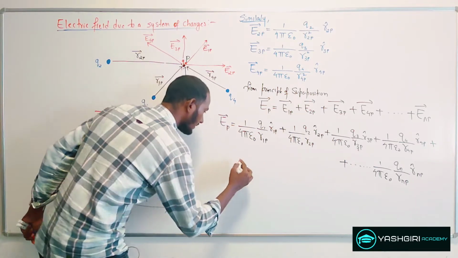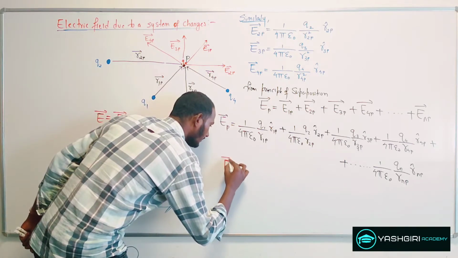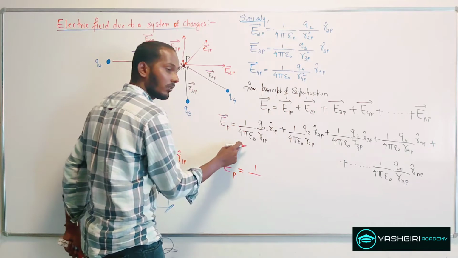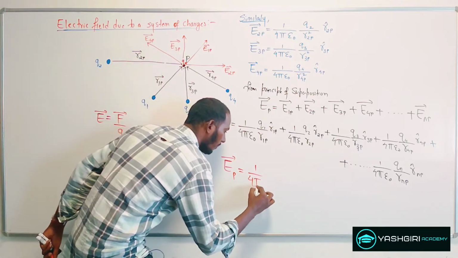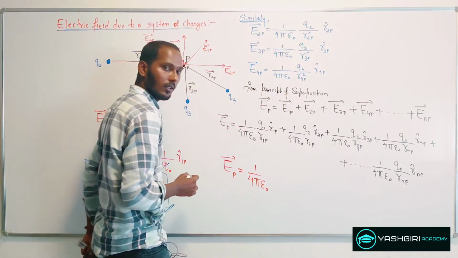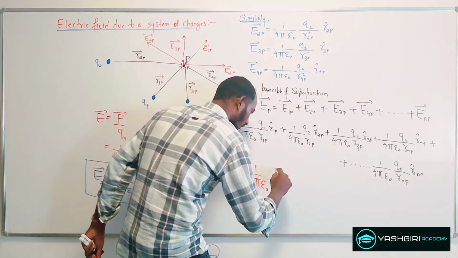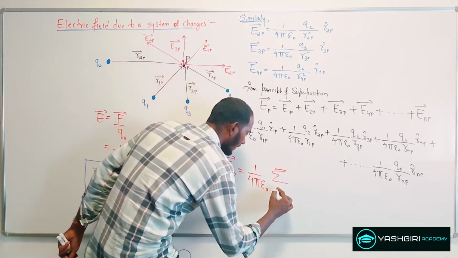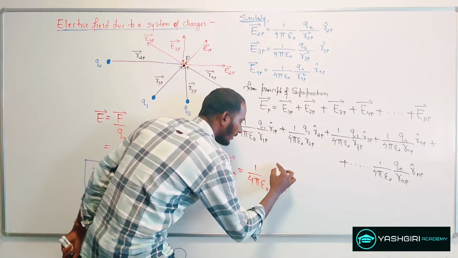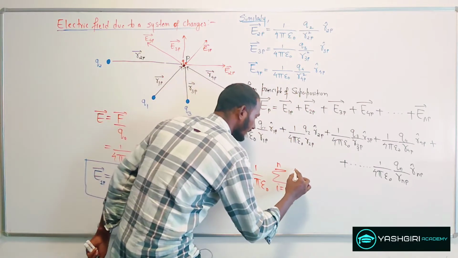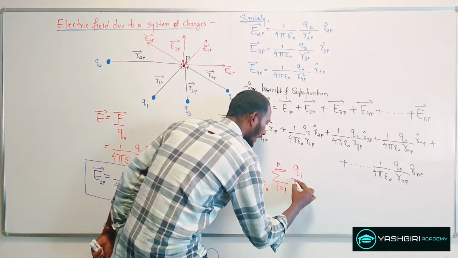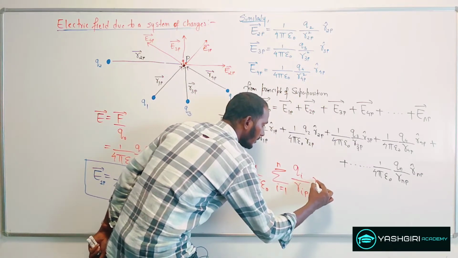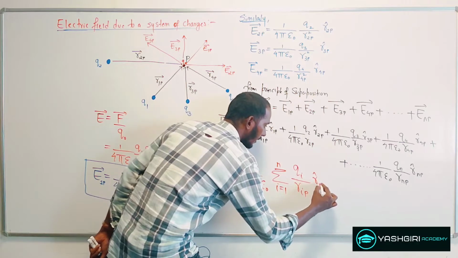I can say that vector EP is equal to, taking this common term out, 1 upon 4 pi epsilon naught, and here I can put a summation running from 1 to n, Qi by Rip into R cap of ip.